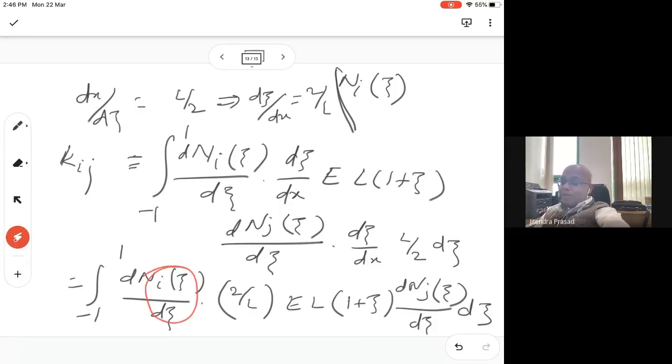Everything is in terms of ξ now. Now x is not there. Now you can integrate it nicely. Here also you see the A will cancel out.